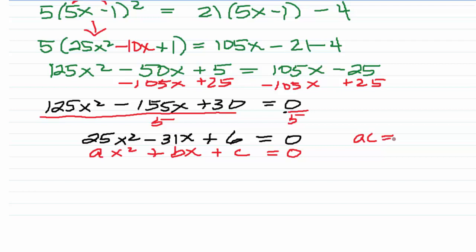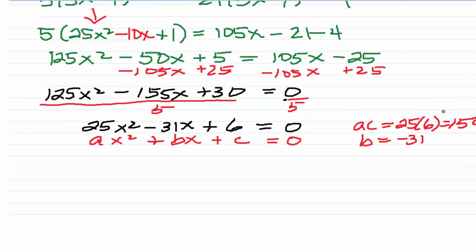The AC method tells you to multiply a times c, which in this case is 25 times 6, which would be 150. Then you compare that number to b, which in this case is negative 31.